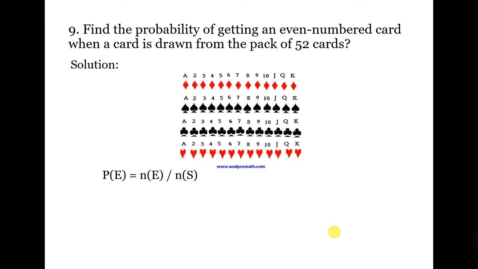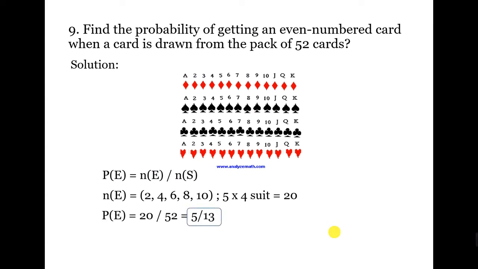So we found out that the even number cards consist of 5 numbered cards: 2, 4, 6, 8, and 10. So we will multiply it by its suit, which is equal to 4. Then the total number of events is equal to 20 events. So if we substitute the given values to the formula, the result is equal to 5 all over 13, or approximately 38% of 52 cards.